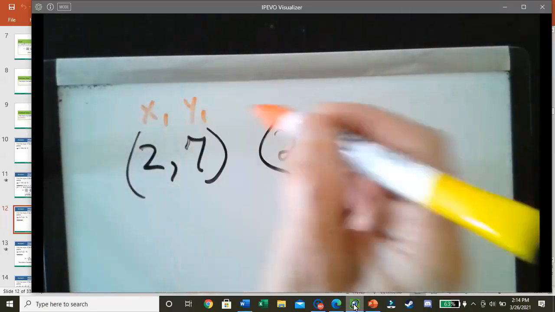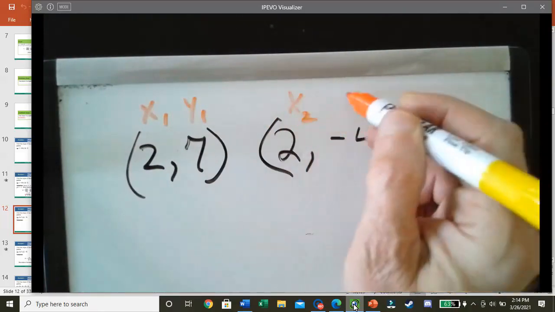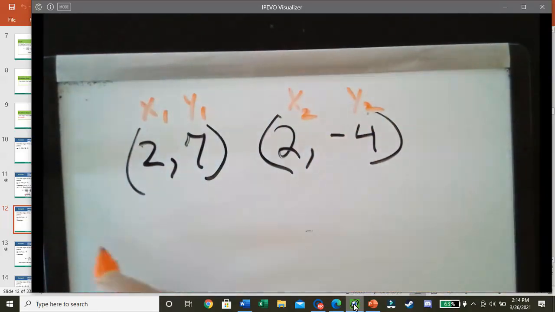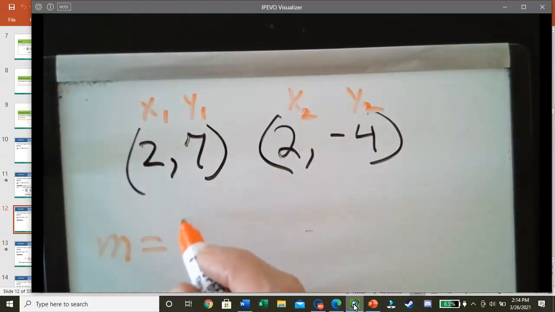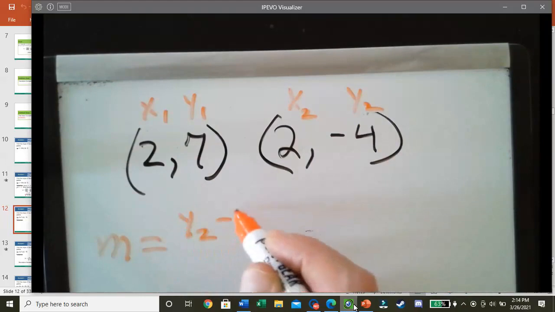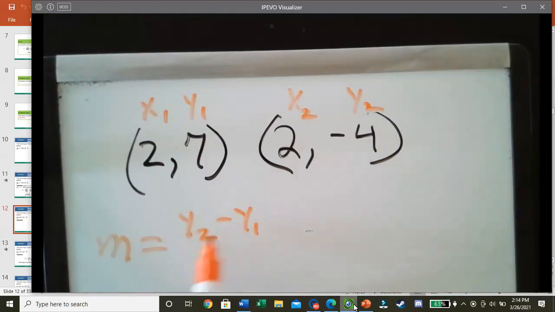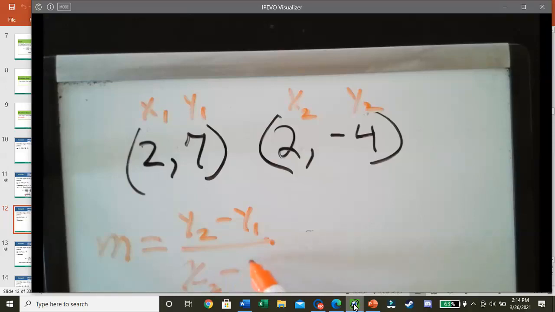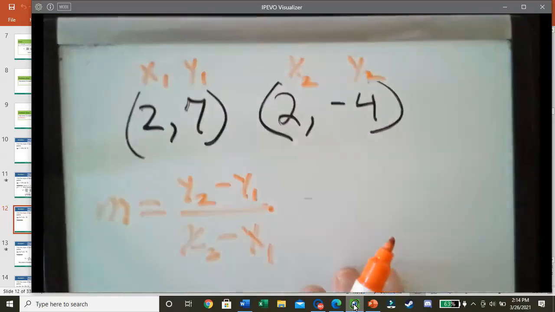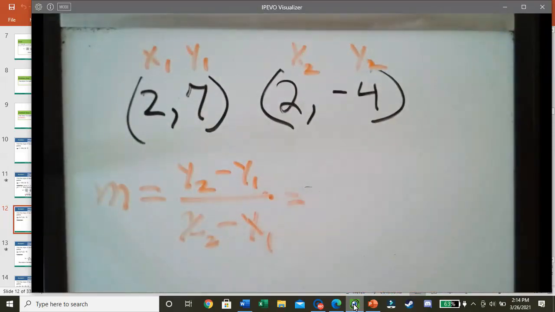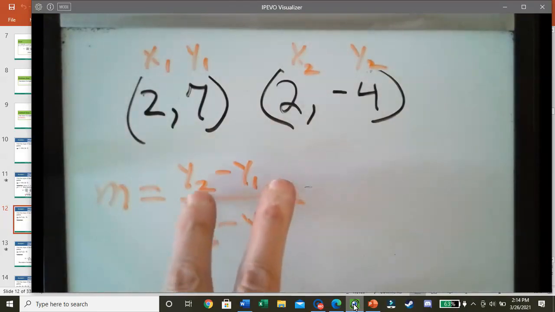So x1, y1, right? We label it x2, y2, and we put our equation, slope of 2 points equation, y2 minus y1. Now the y's are always going to be in the numerator. It doesn't matter if you put x2 or y2 first, as long as whatever you do in the numerator, you do the same in the denominator.